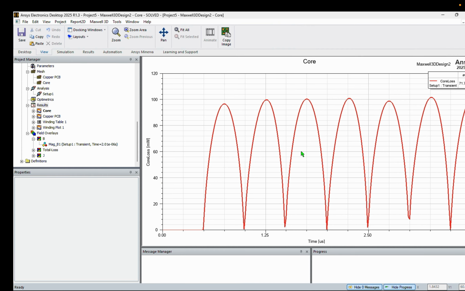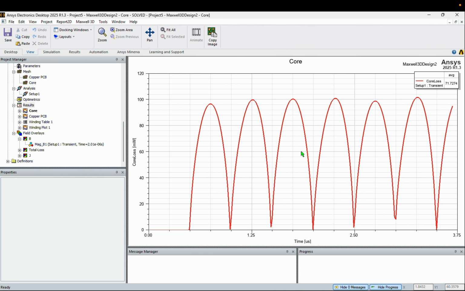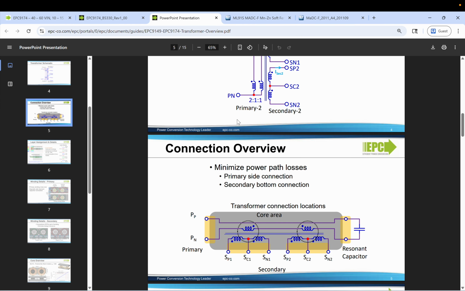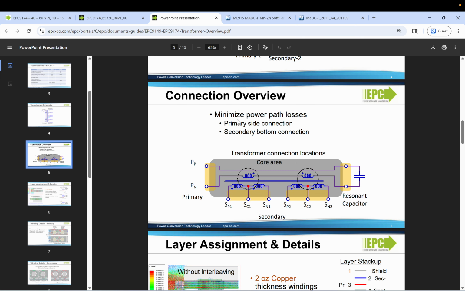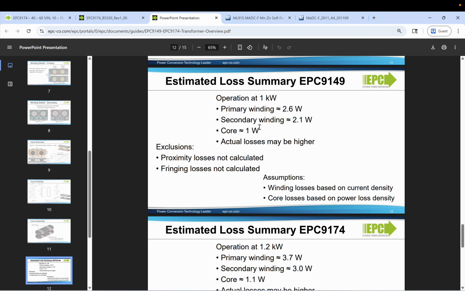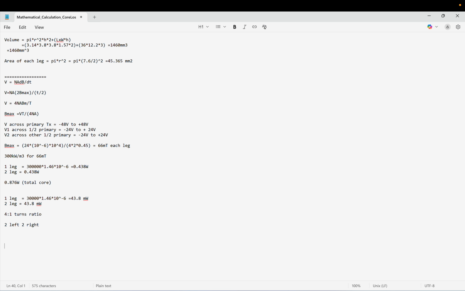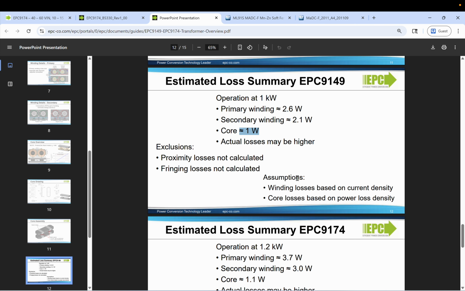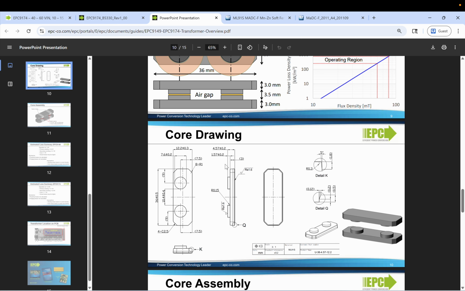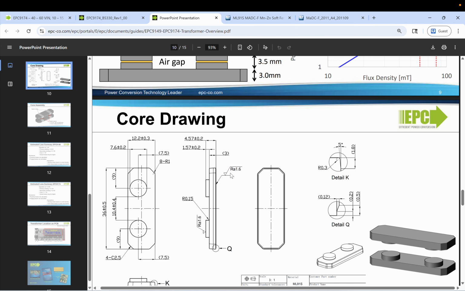Now there is one thing I wanted to make clear: EPC is approximating this as 1 watt of loss in the core. 1 watt of loss happens at this volume of the core, pi r square h times 2, because my core is this, pi r square h.